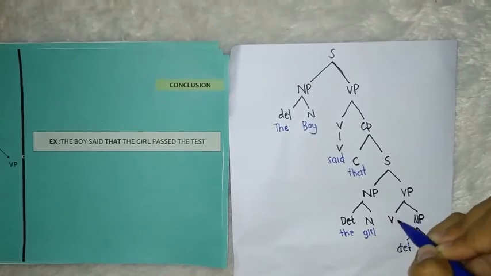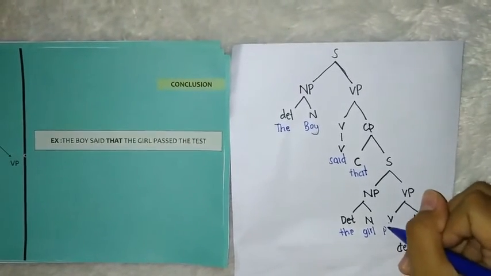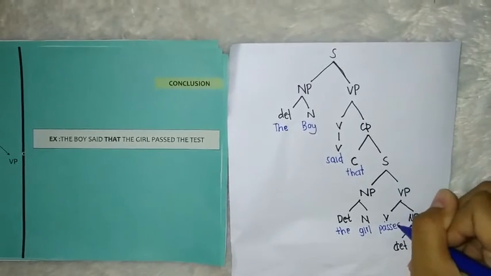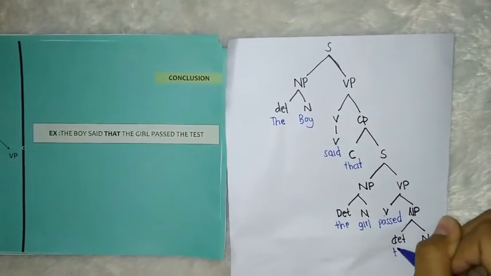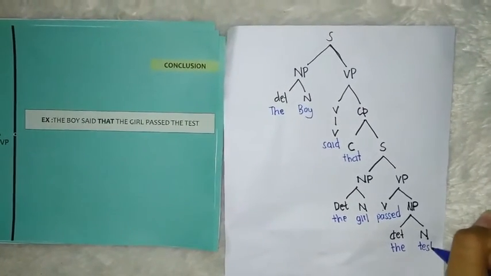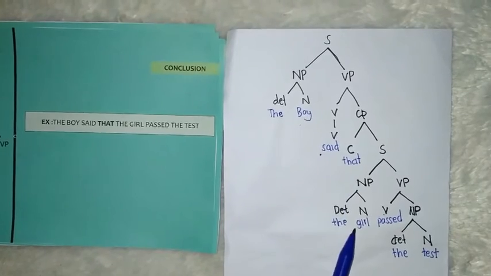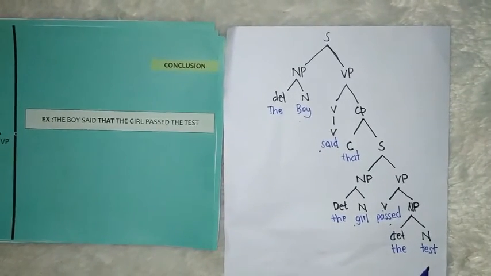The verb here, which is the verb stand alone, is pass. Determiner here, the. And noun in here, task. So the boy said that the girl passed the task.